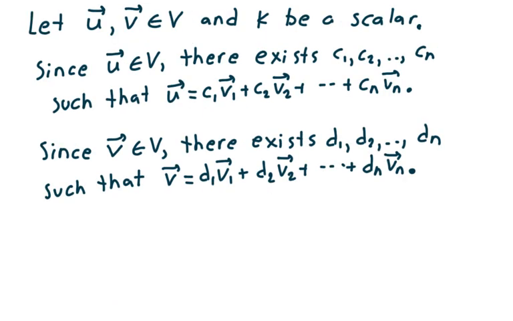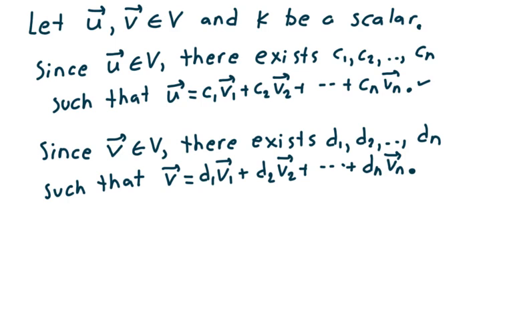All right, now, let u and v belong to V and let k be a scalar. Since u belongs to V, there exist c1, c2 through cn such that u equals c1v1 plus c2v2 plus ... plus cnvn.